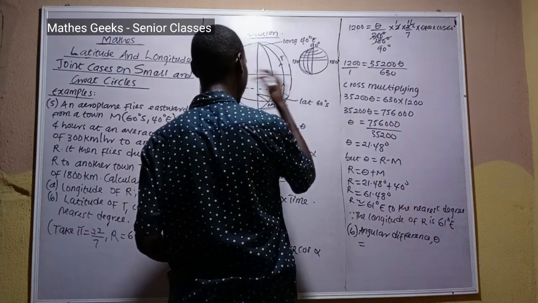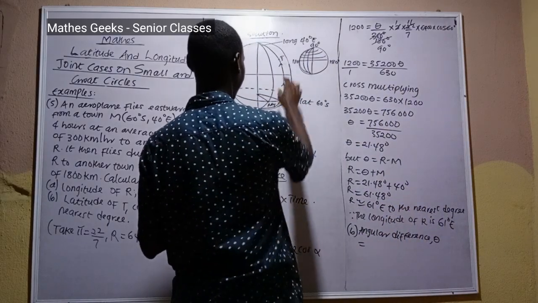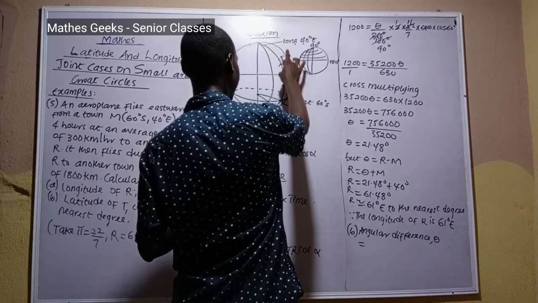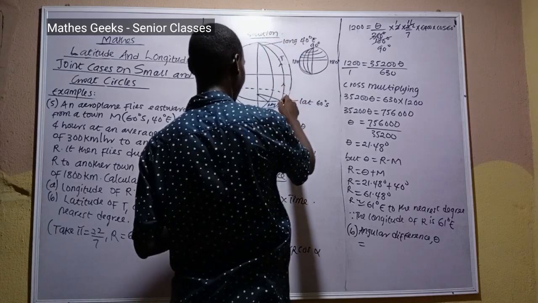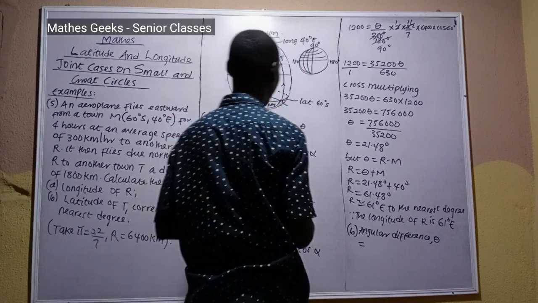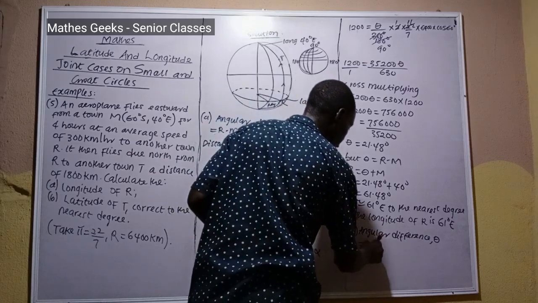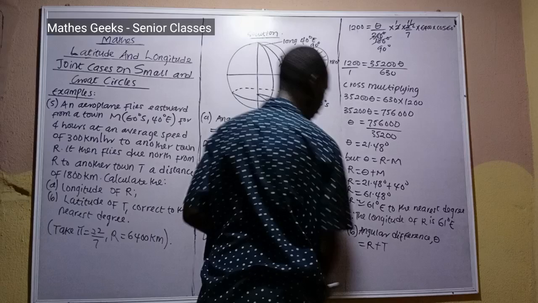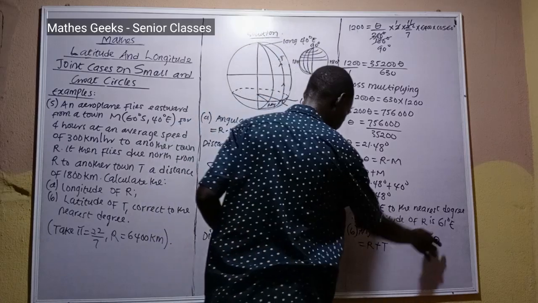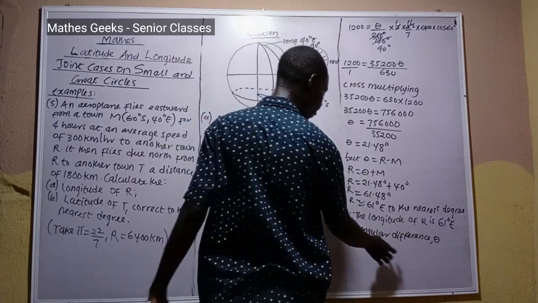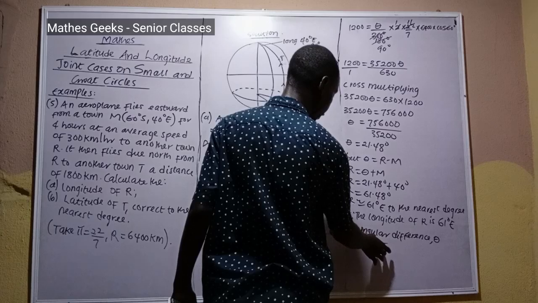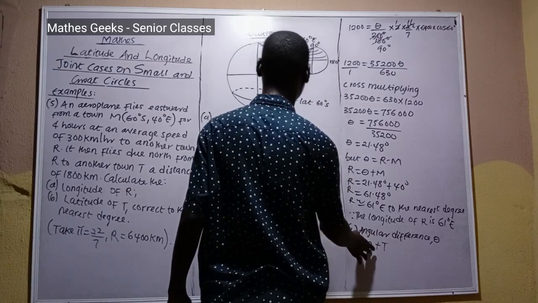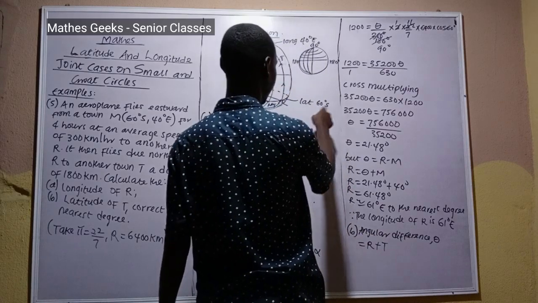In this case, they are on different sides of the globe: T is in the north and R is in the south. So the angular difference theta is equal to the latitude of R plus the latitude of T. We want to look for the latitude of T, whereas the latitude of R is known, which is 60 degrees south.